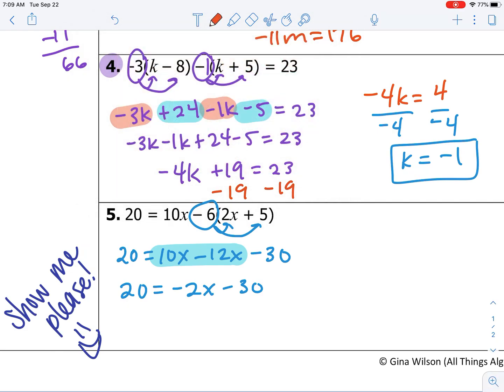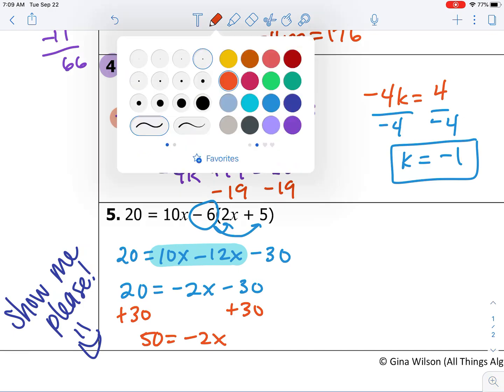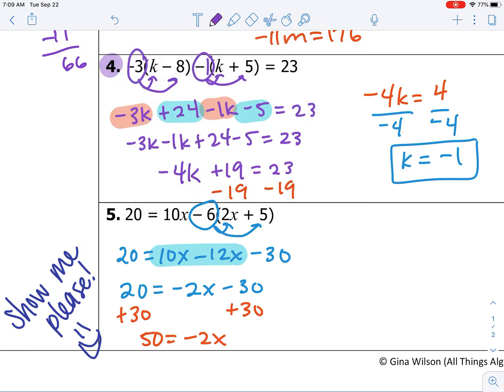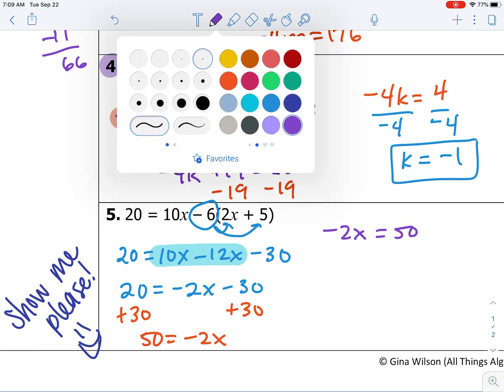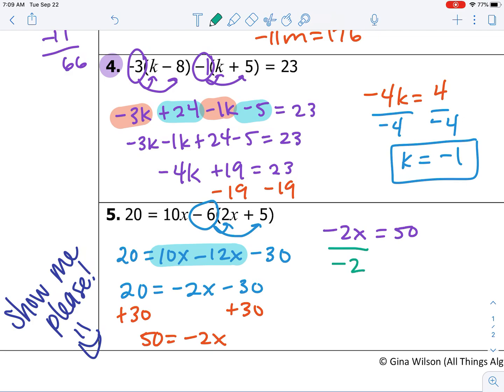Next, we need to add 30 to both sides. 50 equals negative 2x. Same thing as negative 2x equals 50. Our last step is that we need to divide both sides by negative 2. So x equals negative 25.